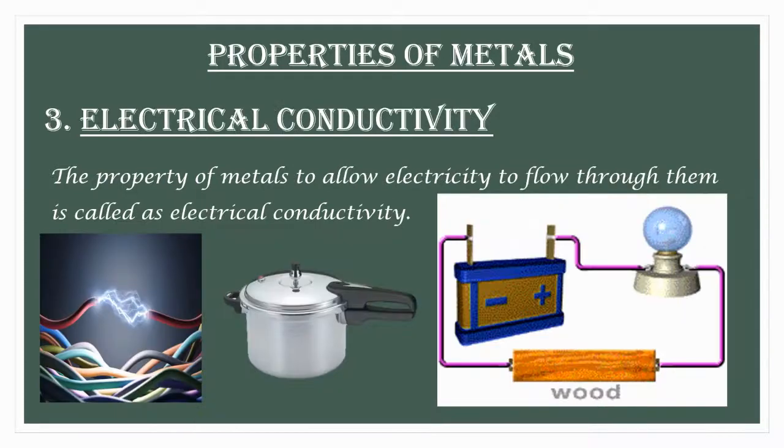Now students, the next property is electrical conductivity. Now we know that electricity flows through metals and all metals are conductors of electricity to a greater or lesser extent. I'll give you an example: electric boards fitted on walls are made of plastic or wood because they are non-conducting materials.